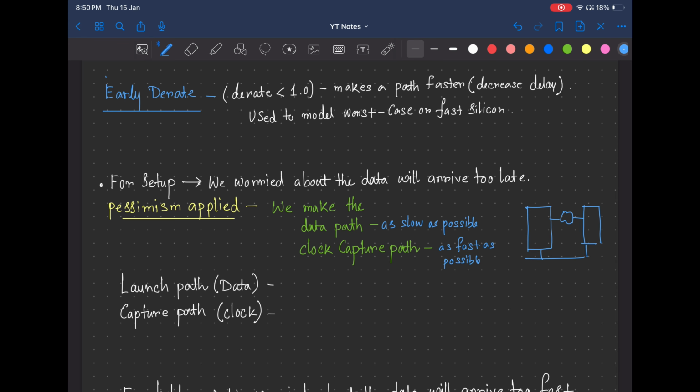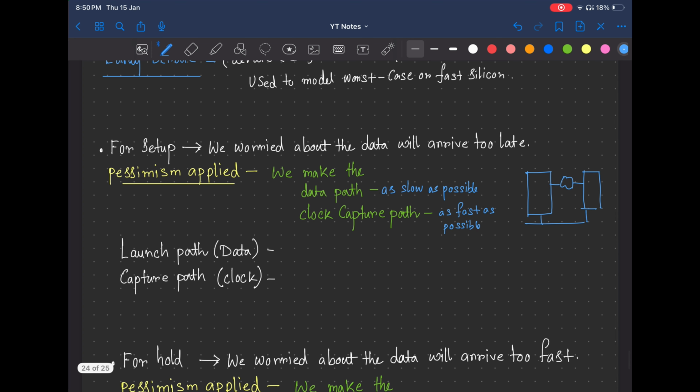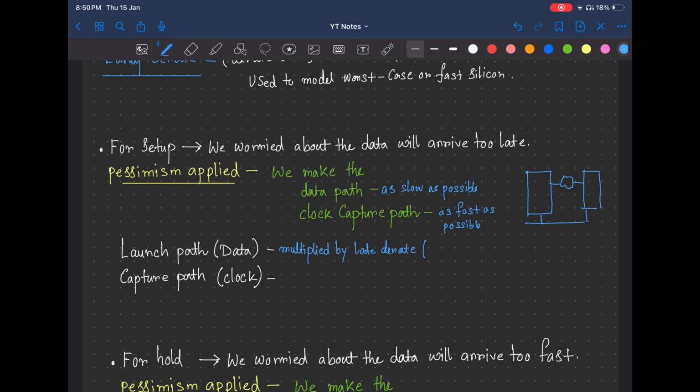So the launch path data should be multiplied by late derate, for example 1.2, and the capture path multiplied by early derate, suppose 0.8.